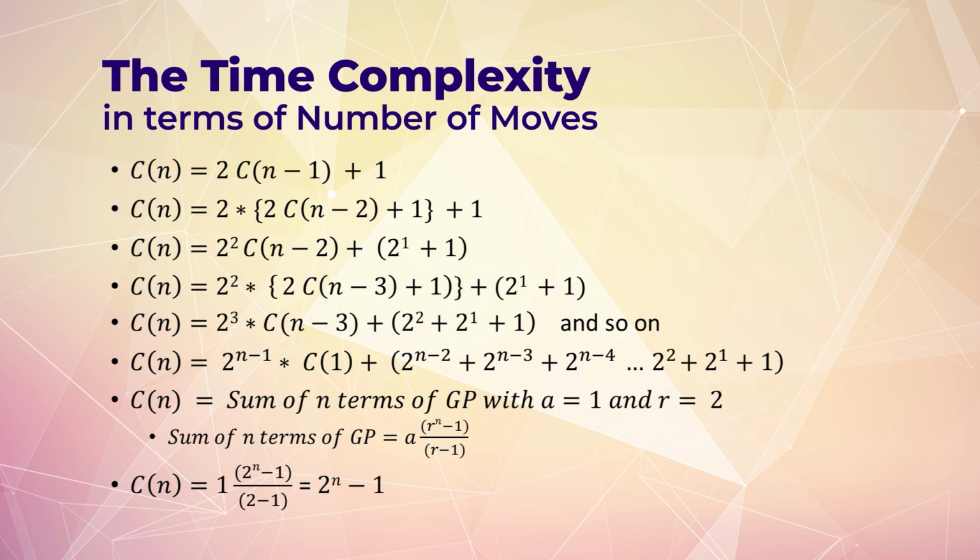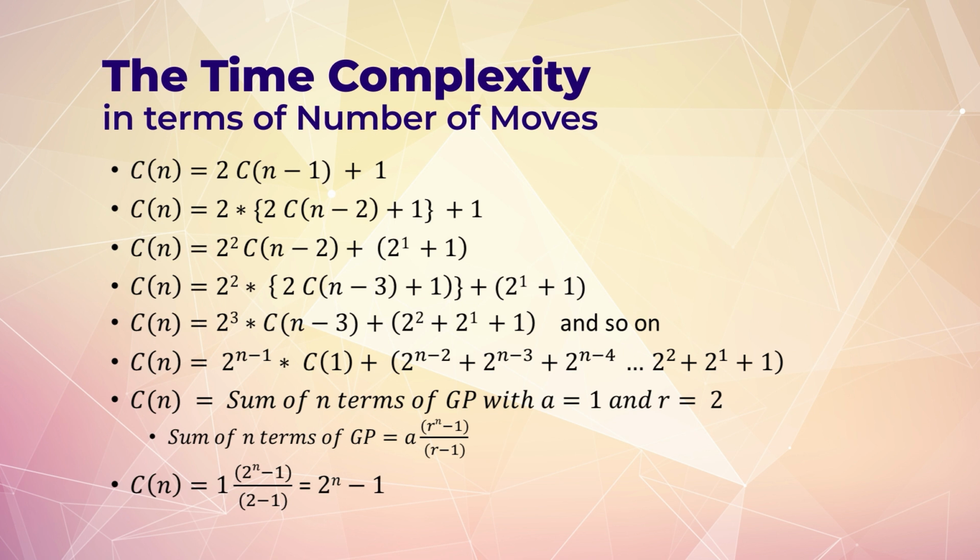All right. So this becomes twice Cn minus 3 plus 1, once again in the curly bracket. When we open this particular bracket, we get 2 to the power 3 into Cn minus 3 plus 2 square plus 2 to the power 1 plus 1 and so on. All right.